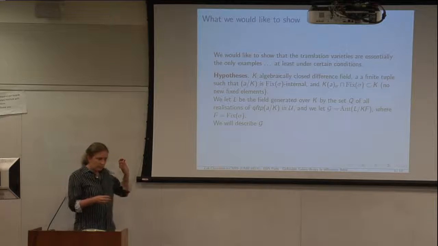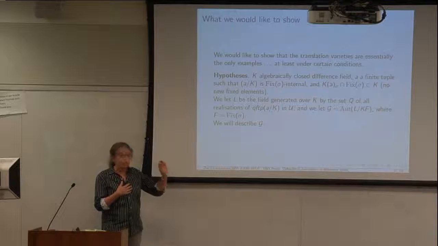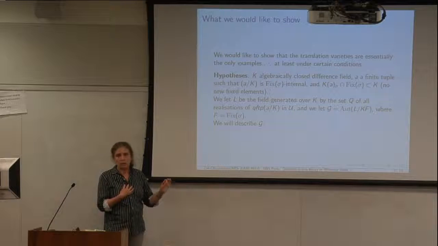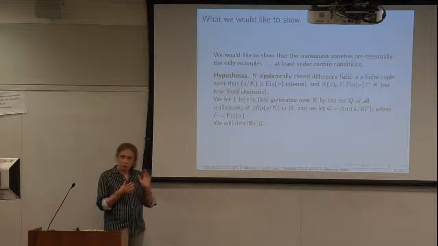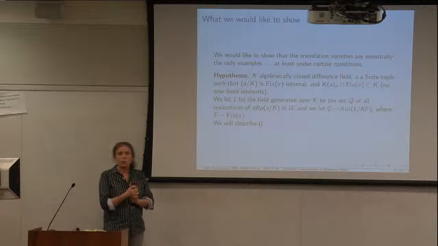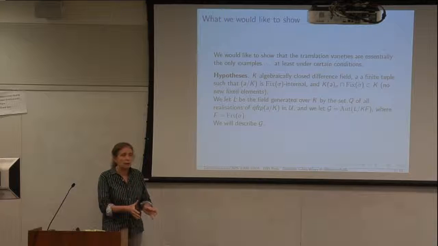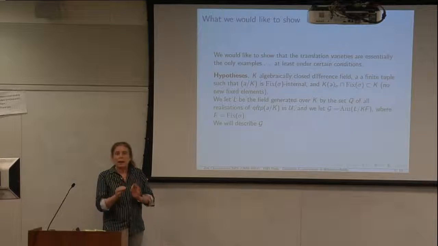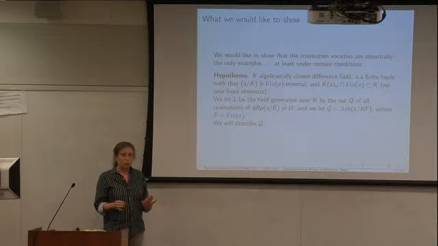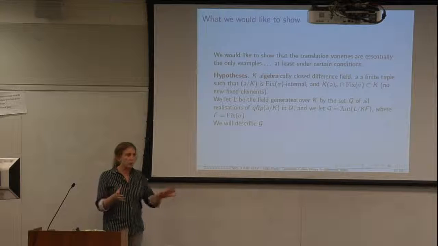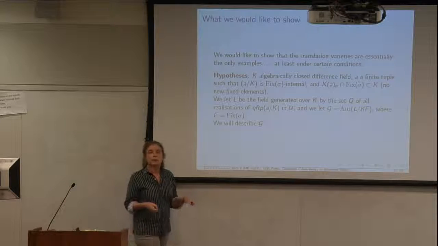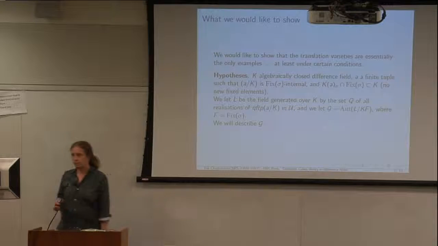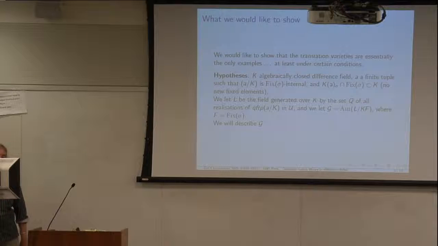So L is a certain difference field extension of K, and one sees easily that it actually contains the fixed subfields of U. So I'm going to be interested in the automorphisms of this difference field L which fix K and F. If you think about Picard-Vessiot theory, this is totally natural, except that in Picard-Vessiot theory, your F is inside K. And we want to describe this G.